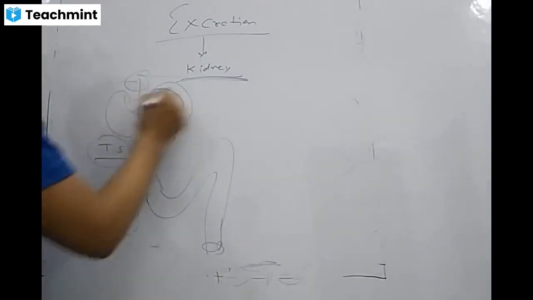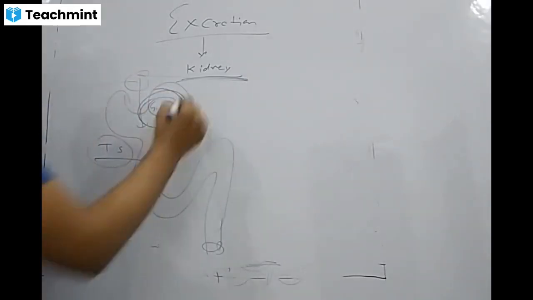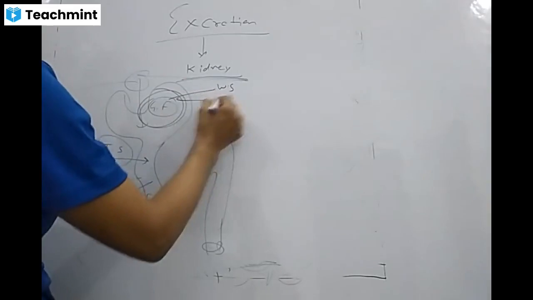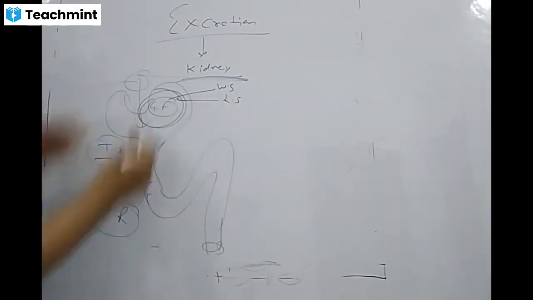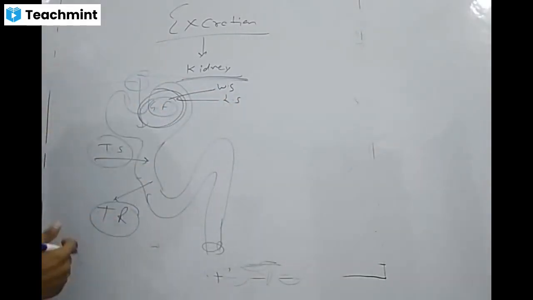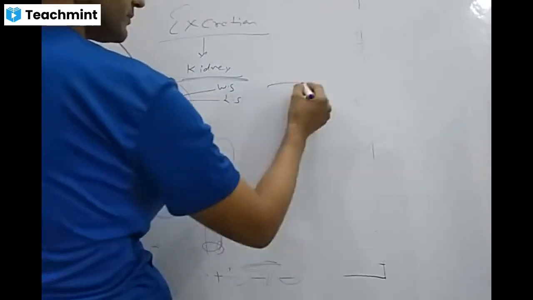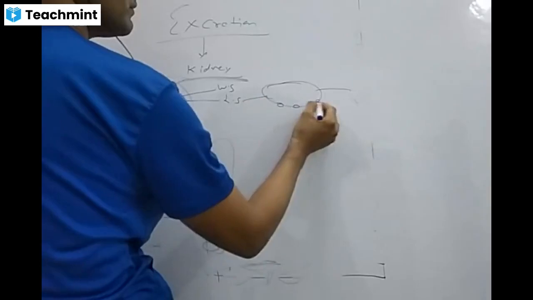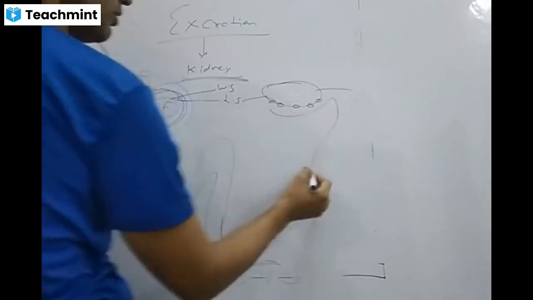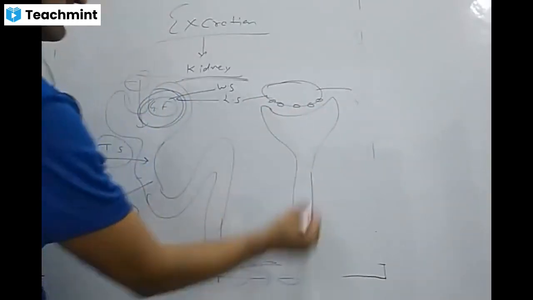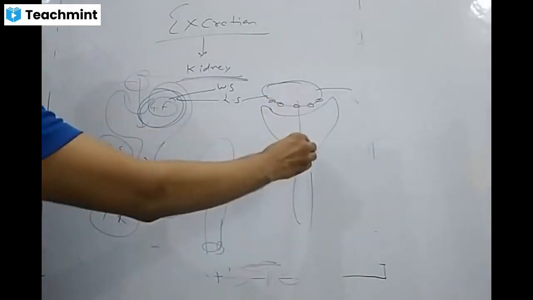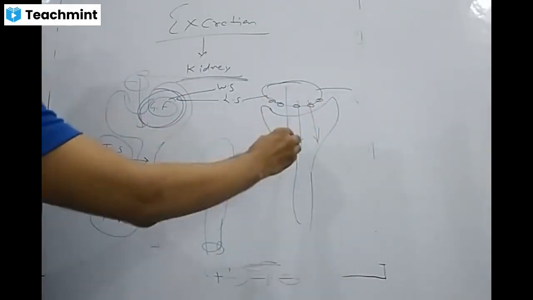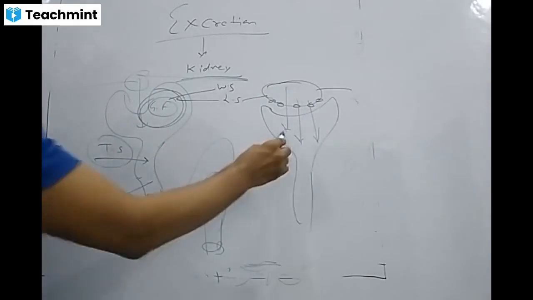So, if we look at the glomerular filtration, both water soluble and lipid soluble drugs can filter here because the structure of glomerulus is porous. Whether it is water soluble or lipid soluble, both drugs will cross and are filtered.